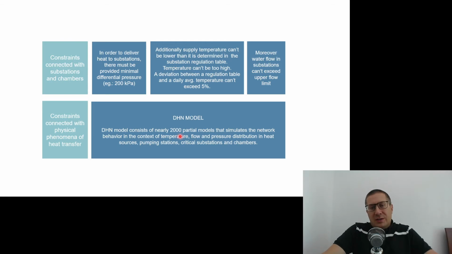And of course, each customer signs the agreement with the network. So the customer knows what would be the temperature of the supply water for a given ambient temperature. Some variations are possible.